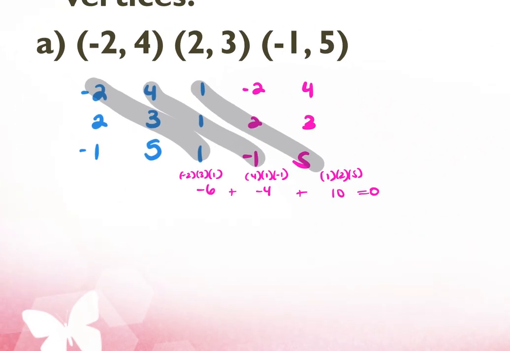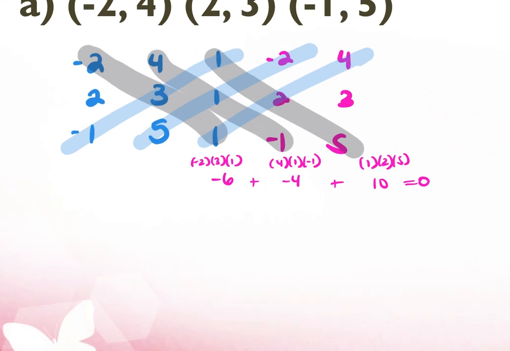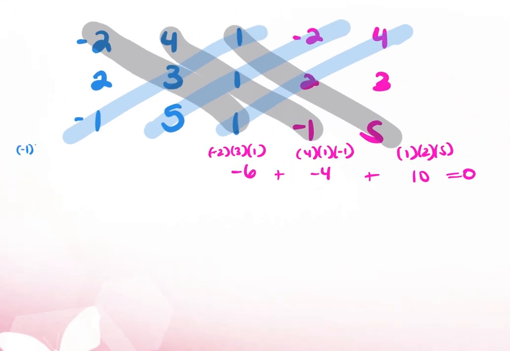Then we go back the other way. Negative 1 times 3 times 1, negative 3. 5 times 1 times negative 2, negative 10. 1 times 2 times 4, positive 8. Add these together, negative 13 plus 8, negative 5.